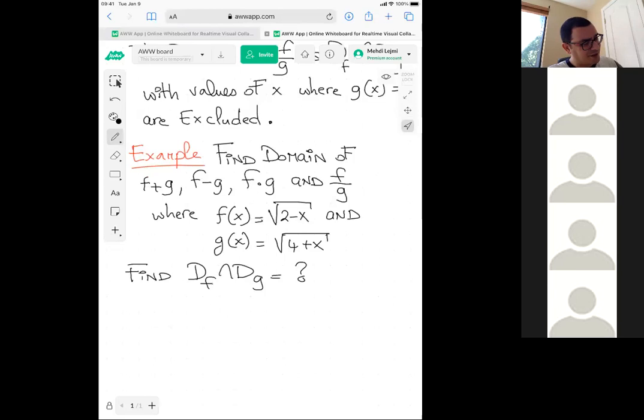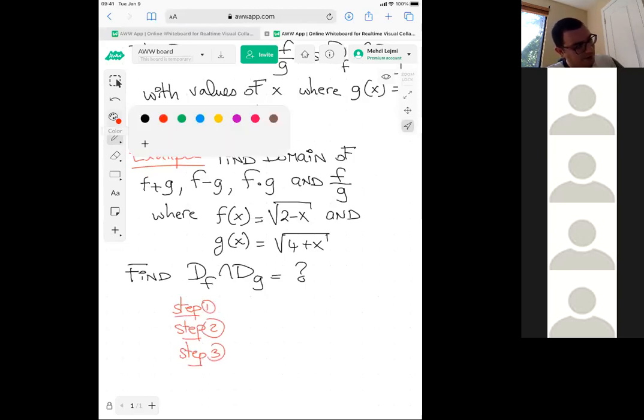As I explained yesterday, there are basically 3 steps. In step 1, you need to find the domain of f. In step 2, you need to find the domain of g, and in step 3, you find the common domain.